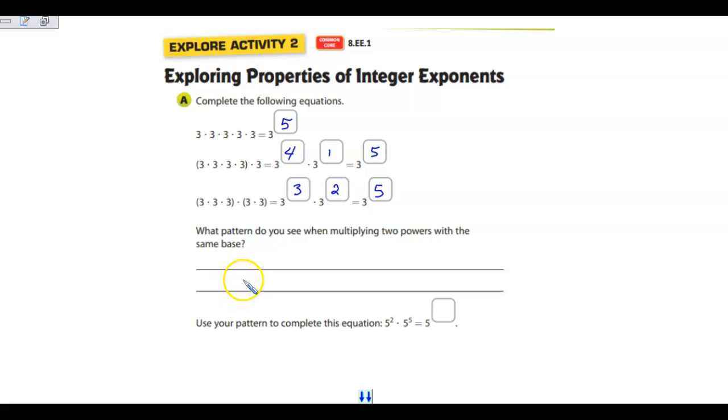What did you notice about when we were multiplying the two powers with the same base? If you see that if you add the two exponents together, you get the final exponent, then you are correct. So we want to add the exponents when the bases are the same.